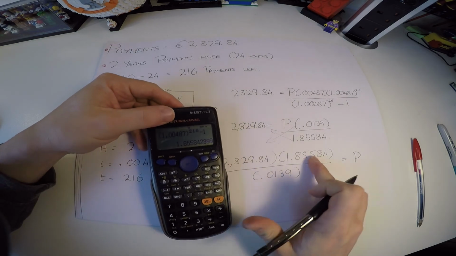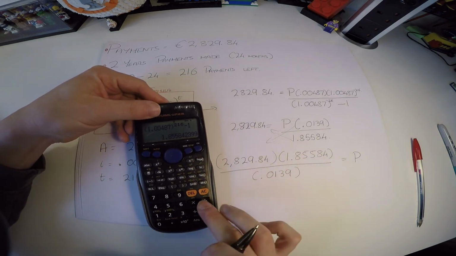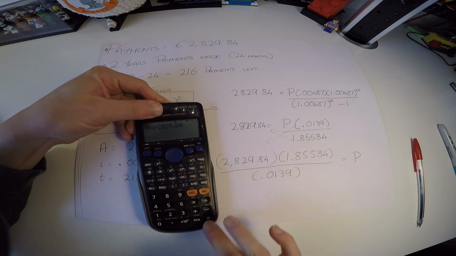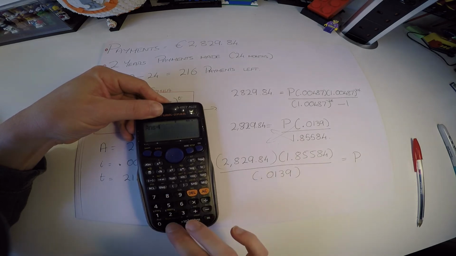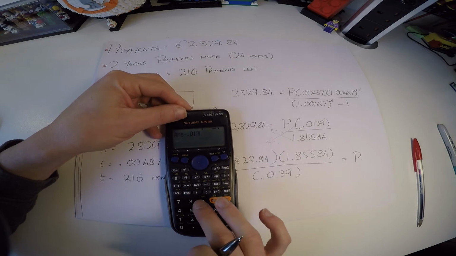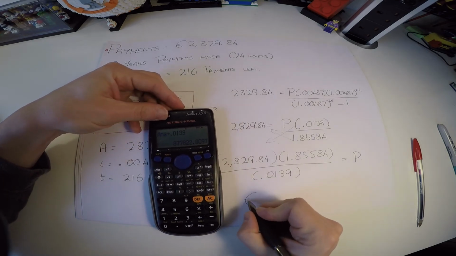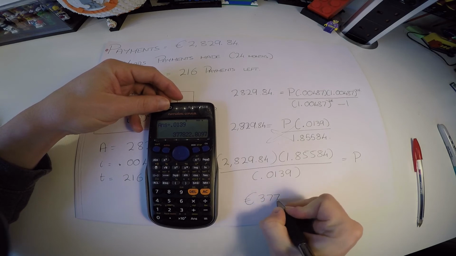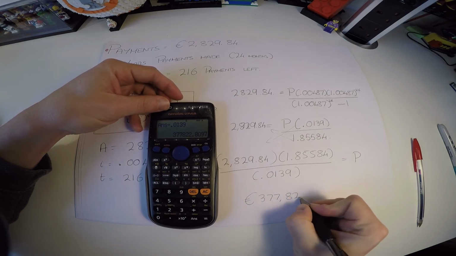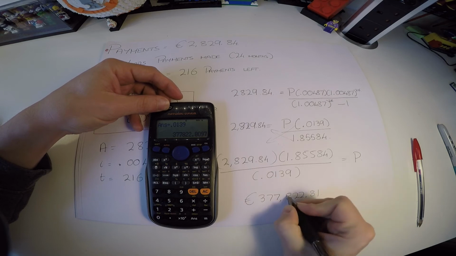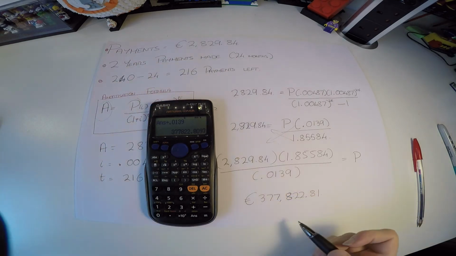Actually, I've left my last answer on the calculator, so I'll just multiply that by 2829.84 equals, and I'll divide him by 0.0139, and I get an answer of, it's money, 377,822.81.